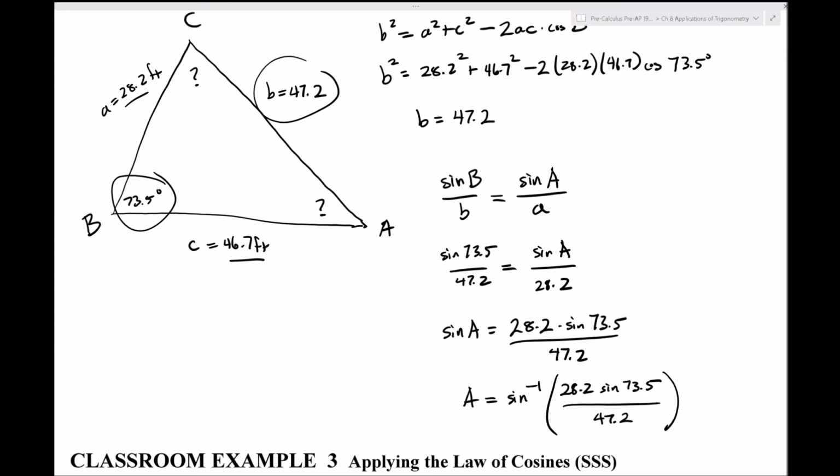Inverse sine 28.2 times sine 73.5 divided by 47.2. I'm in degrees and I'm getting 34.95. So I'm going to just round that to the nearest tenth of a degree. 3 sig figs. So 34.9. So that's what I'm getting for A.